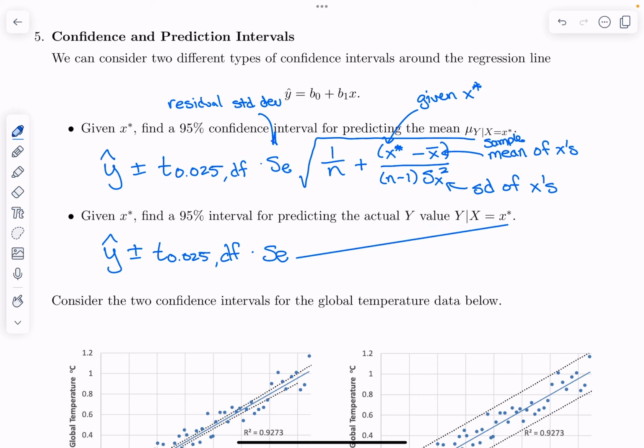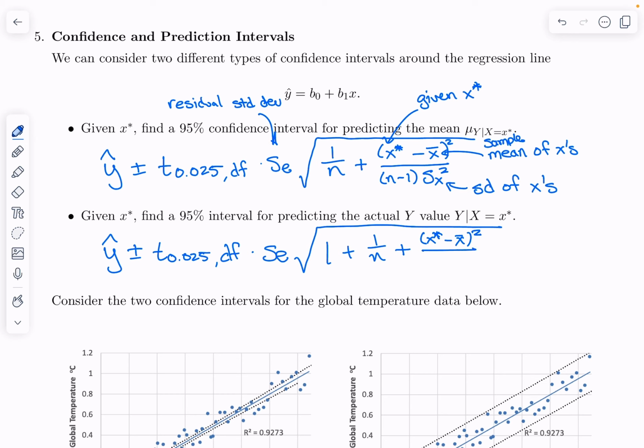The difference is going to be that underneath the square root is 1 plus 1 over n plus x star minus x bar squared, divided by n minus 1 times s sub x squared. I think I missed a squared in that formula.